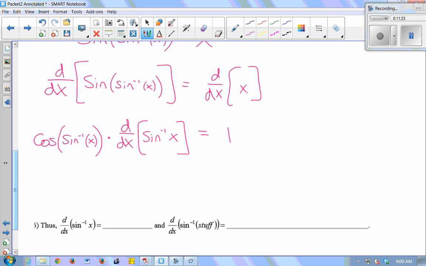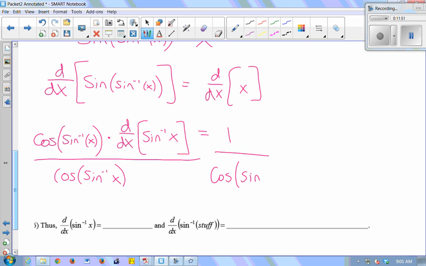All right, so now I could solve for d dx of the inverse sine. I could divide both sides by that cosine of the inverse sine. So I'm going to isolate d dx of inverse sine of x because that's what I would like to know. Okay, running out of room, so those cancel.